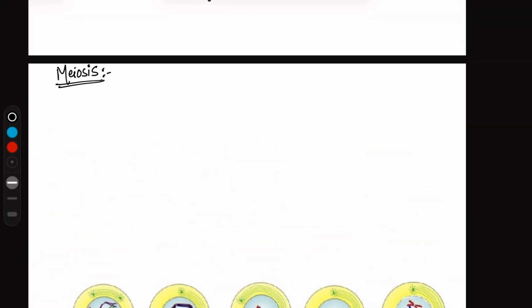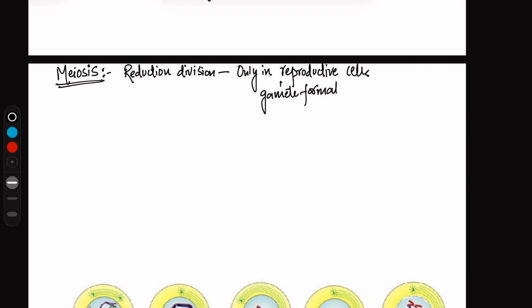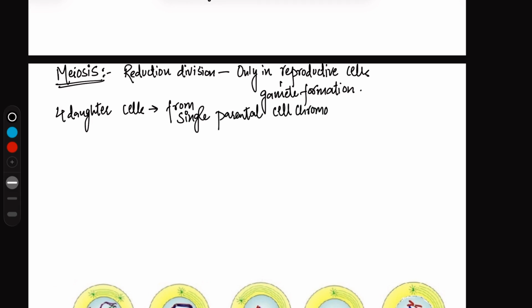Now, definition wise, it is the reduction division which occurs in the reproductive cells only at the time of gamete formation. In this, four daughter cells are formed from a single parental cell, and the chromosome number in daughter cells is reduced to half. That is, haploid cells are made from it.